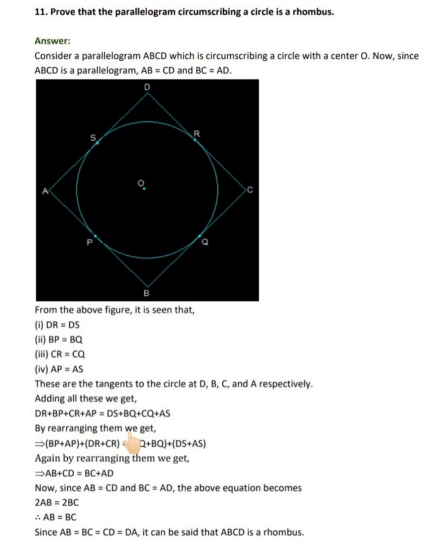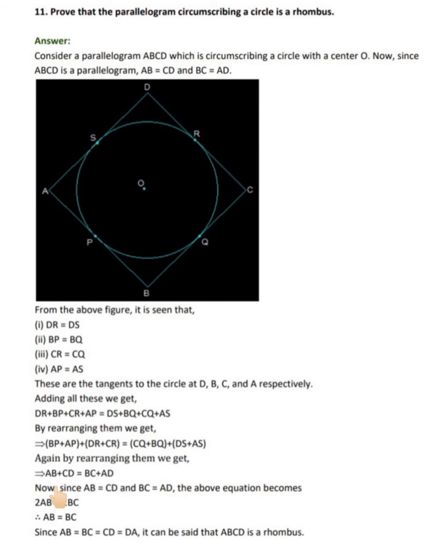And BQ and CQ: BQ plus CQ is BC. Okay, so BP plus AP is AB, DR plus CR is CD, CQ plus BQ is BC and DS plus AS is AD.